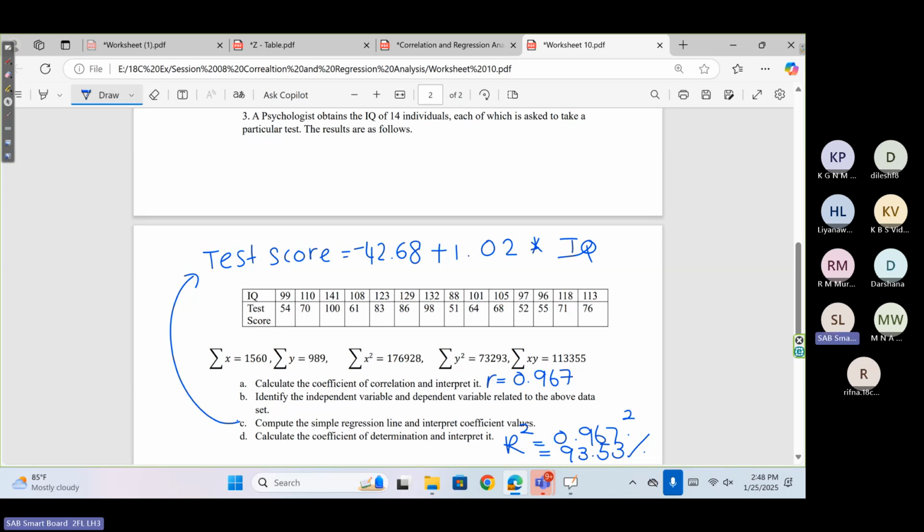Then beta 1, the next one, 1.02 is the beta 1 slope. It means when the IQ level increases by 1 unit, the test score increases by 1.02. Clear? IQ level එක unit එකකින් වෙනස් වෙනකොට test score එක වෙනස් වෙනවා කොච්චරකින්ද? 1.02. It's clear?